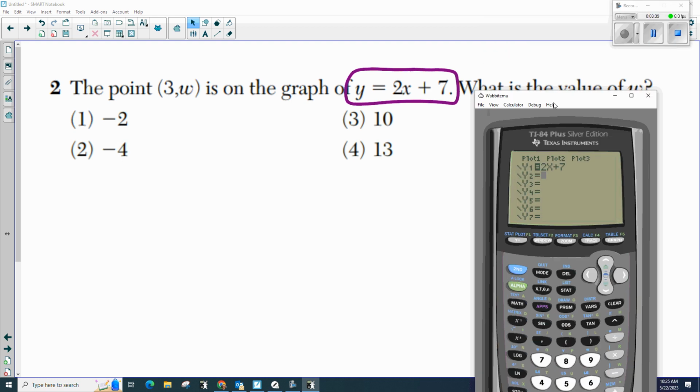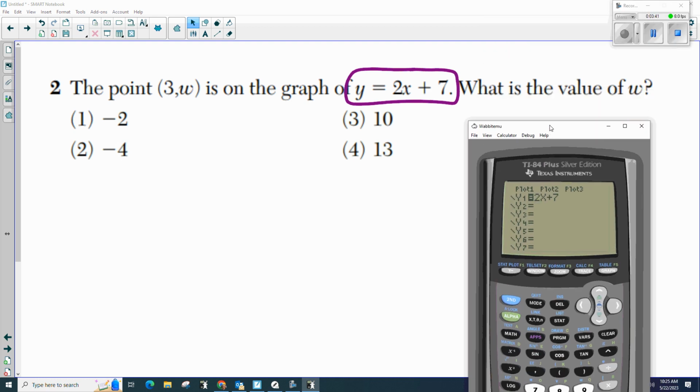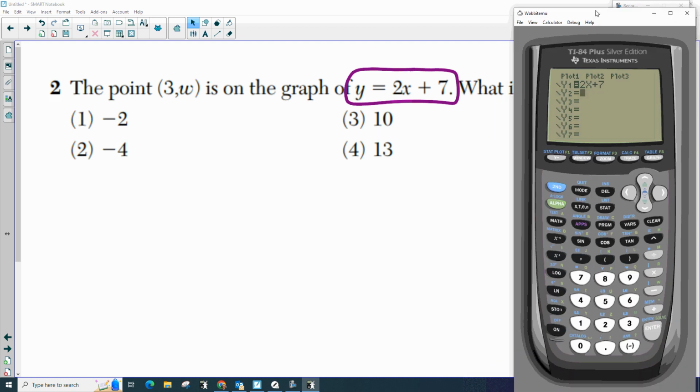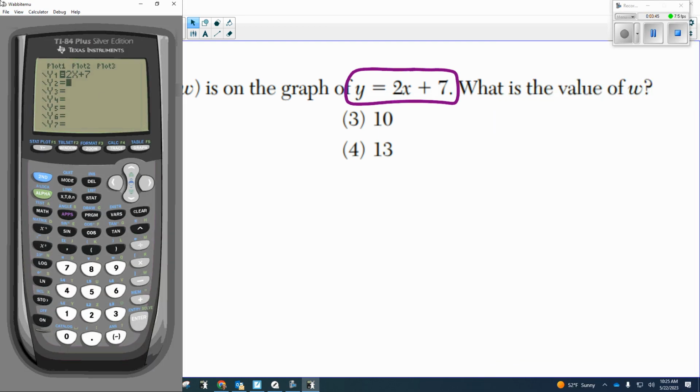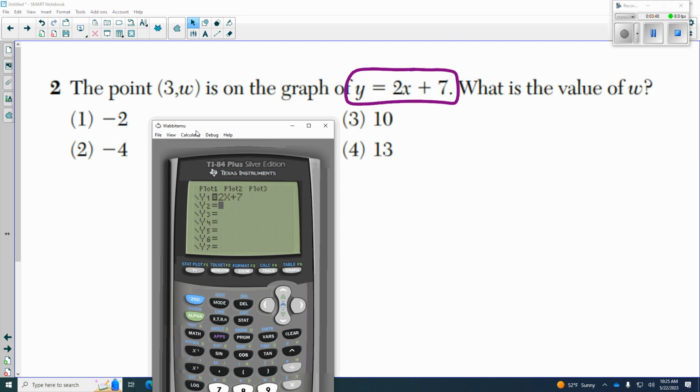Okay, and it says the point (3, w) is on the graph. What is the value of w? So remember that every point has an x coordinate and a y coordinate. The first number is the x, the second number is the y. So what this question is basically saying is, if the x value is 3, what is the y value going to be?